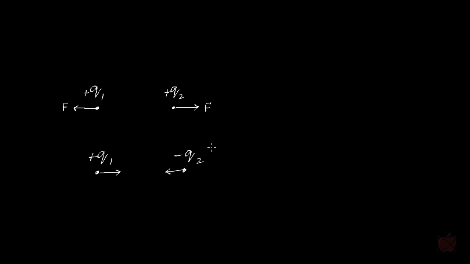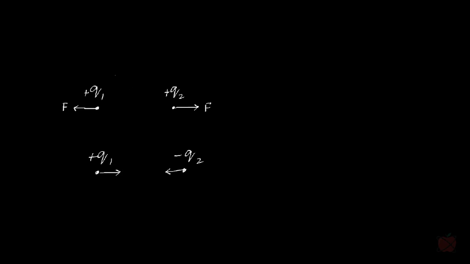Understand? So how do we make the system equilibrium? Equilibrium means if I'm able to put these charges and make them stationary, if I'm able to fix them in their respective places. So how do I do that? What I can do out here is use a third charge.